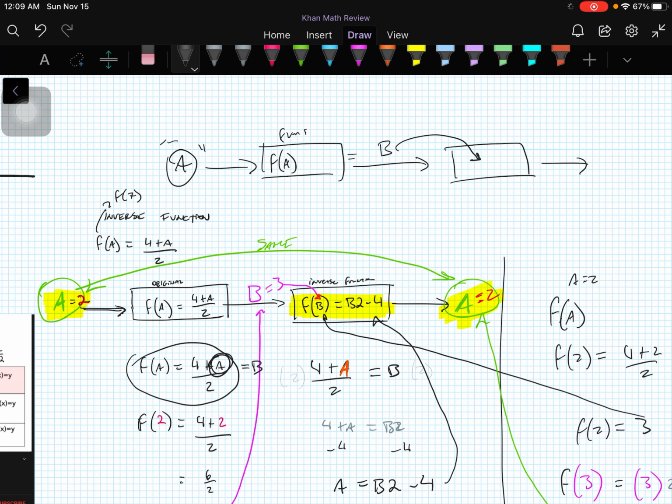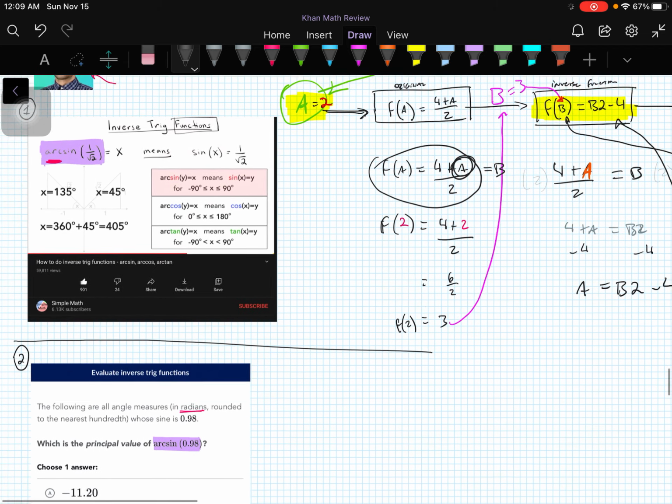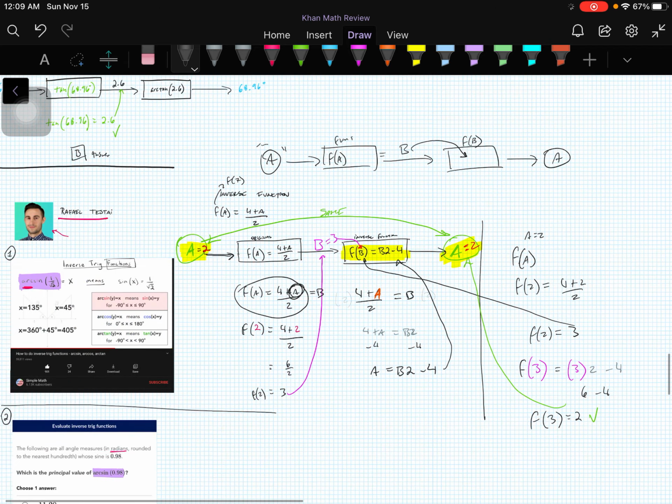Then we throw b into this function, f of b. This is the inverse. We're going to undo whatever we just did over here. And then we need to end up with a, the same number. So that's how my brain works when I look at this inverse function. Once you know this, let's move on to trig and see if we can make sense of all this.